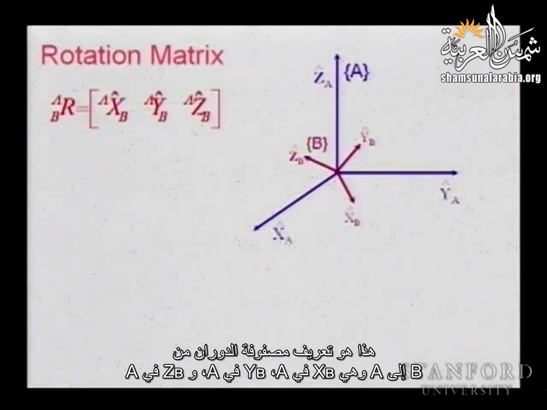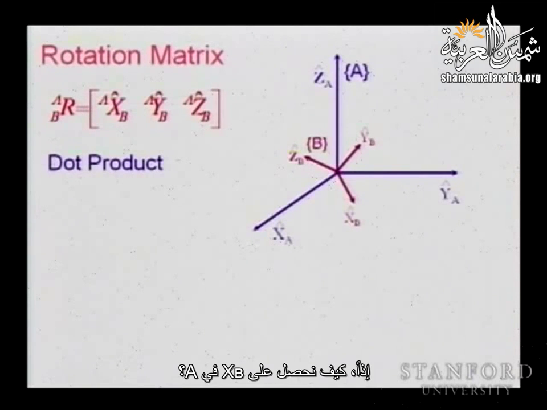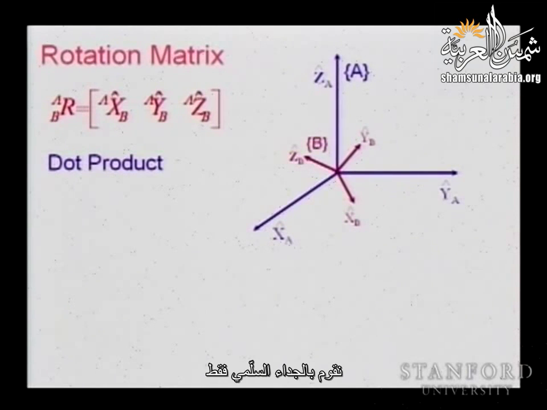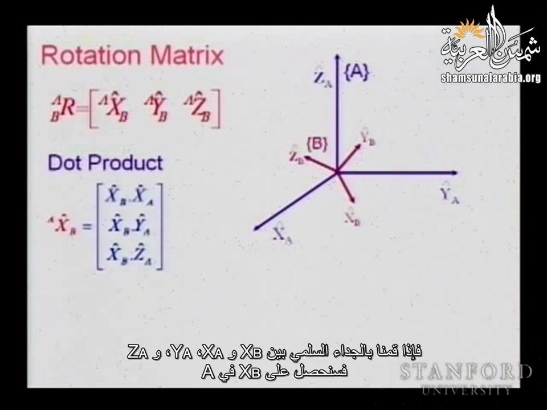So this is the definition of the rotation matrix from B to A. It is xb in A, yb in A, and zb in A. So how do you obtain xb in A? How do you obtain the component of xb in frame A? You just do the dot product. If you do the dot product of xb with x, y, and z, you will obtain xb in A. Right?